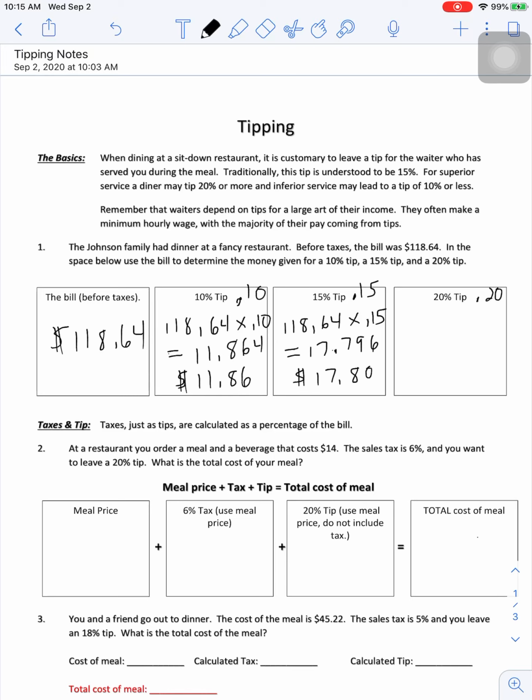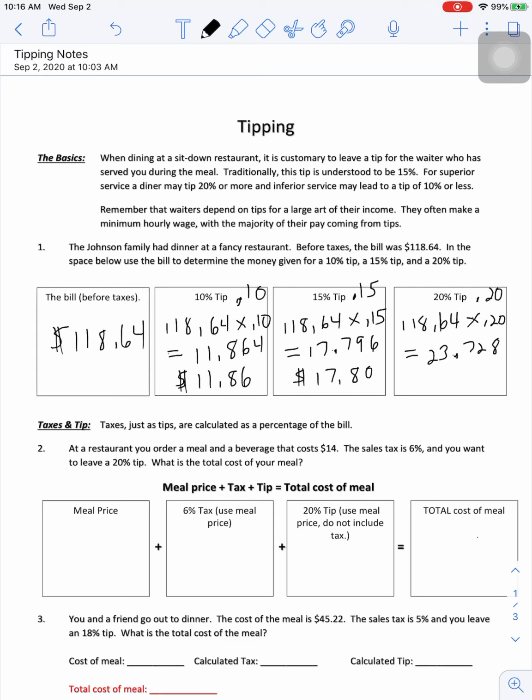Okay, and then for the 20% tip, again, you have to change it to a decimal, so that's going to become 0.20 because you're moving the decimal 2 places left, which is the same thing that we were doing the entire time. So you're going to have 118.64 times the 0.20, and that's going to come out to be 23.728.